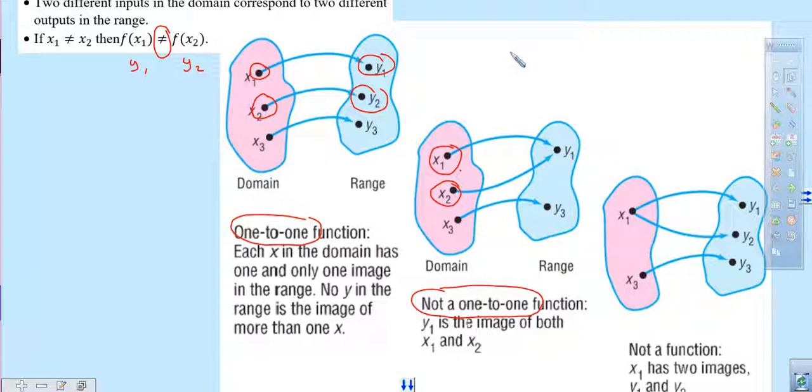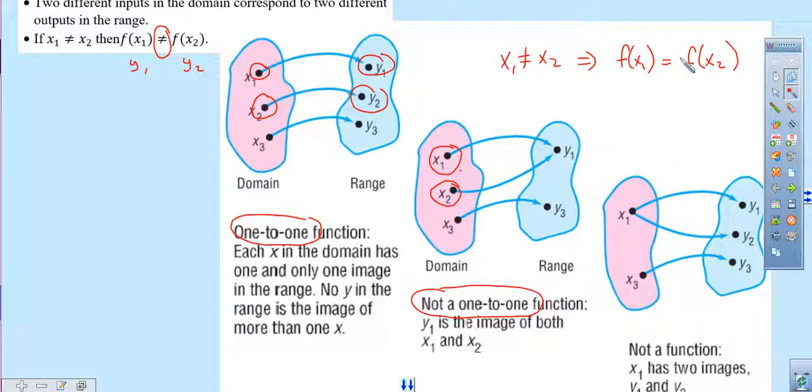So in this case, we had x1 and x2 that are not the same, but when we plug them in, we find out that y1 is equal to, let me use function notation, we find out that f of x1 is equal to f of x2.